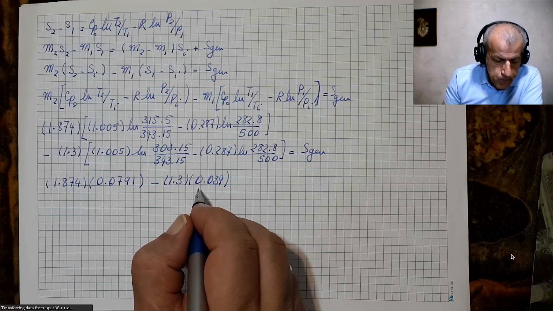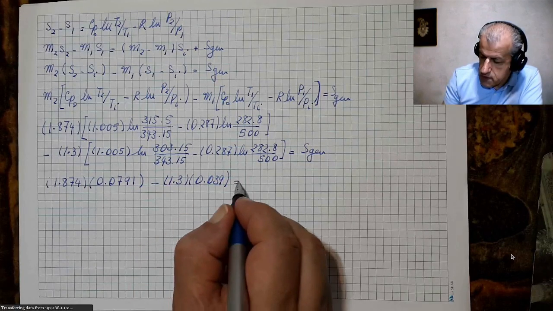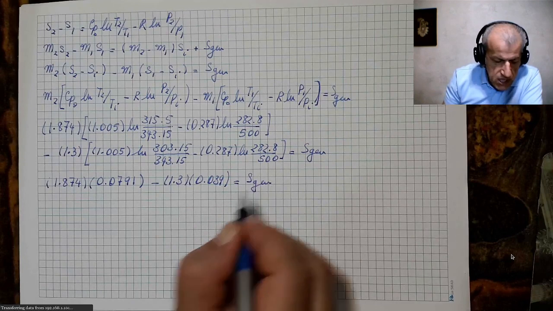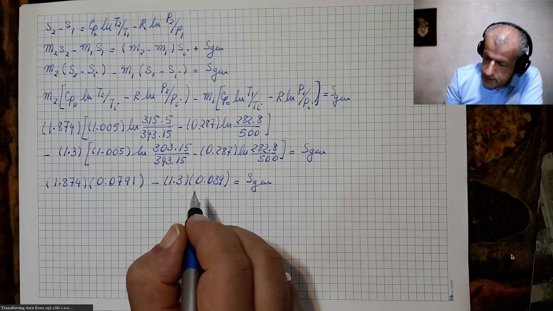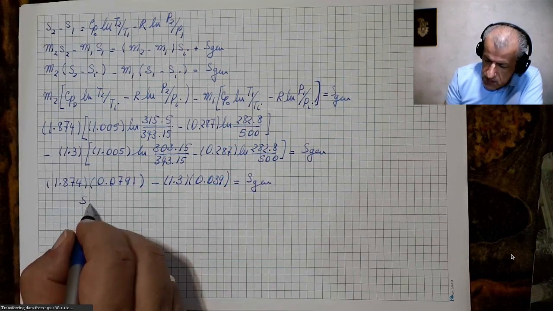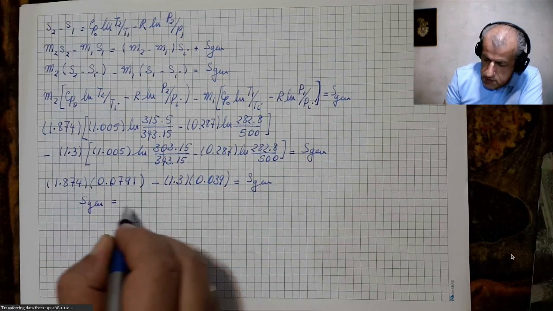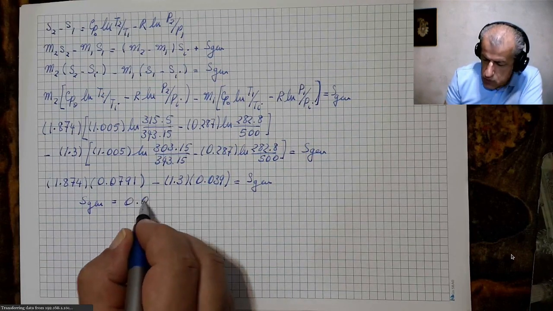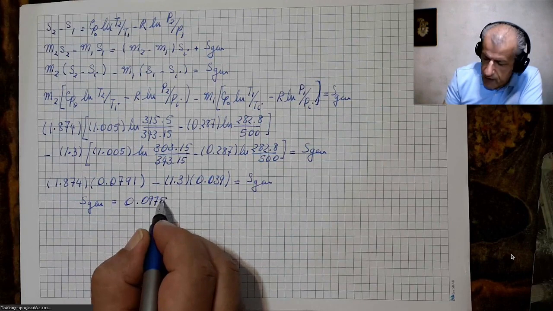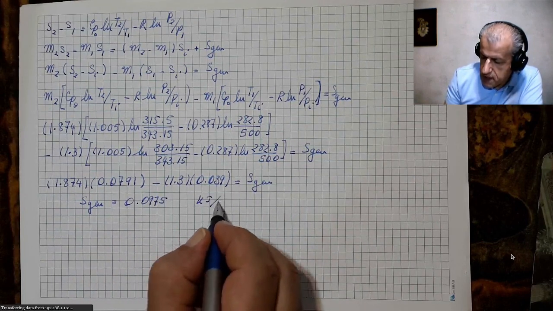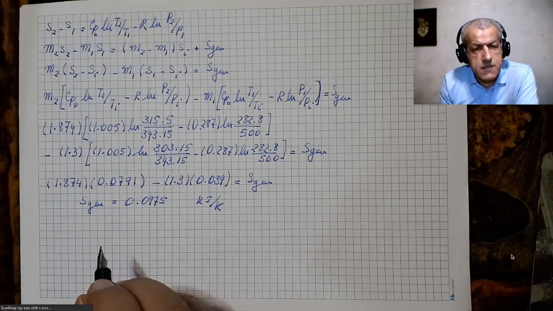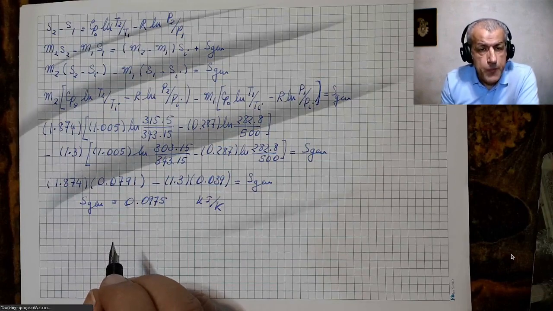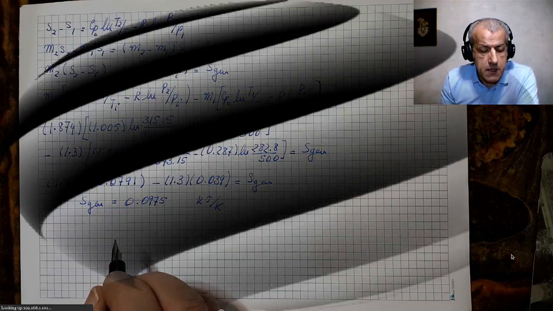Okay, and that equals Sgen. And the outcome is that Sgen equals 0.0975 kilojoules per Kelvin, which is the total generated entropy through all this process.